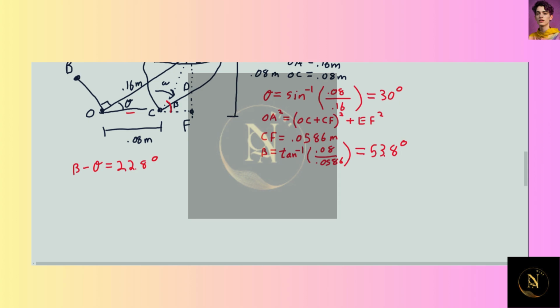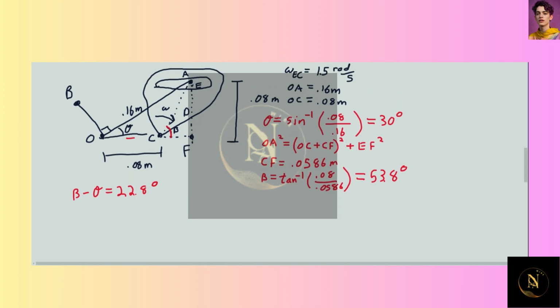And I should point out that the reason we're finding these extra angles here is when we look at a velocity diagram that I'm going to try to leave everything else on the screen here. But this velocity diagram will have the velocity of point E, which will be down and to the right. We'll have the velocity of point A, which will just be at an angle down.